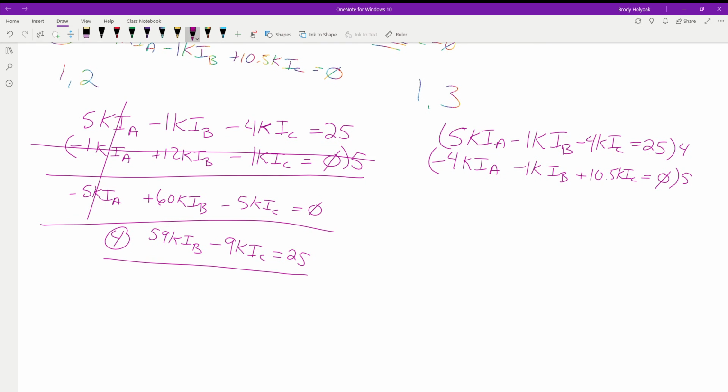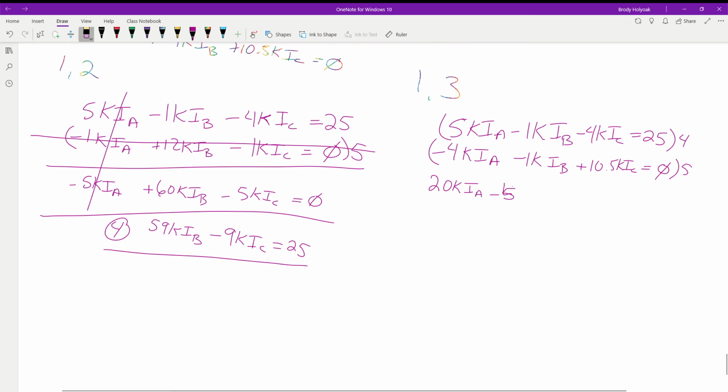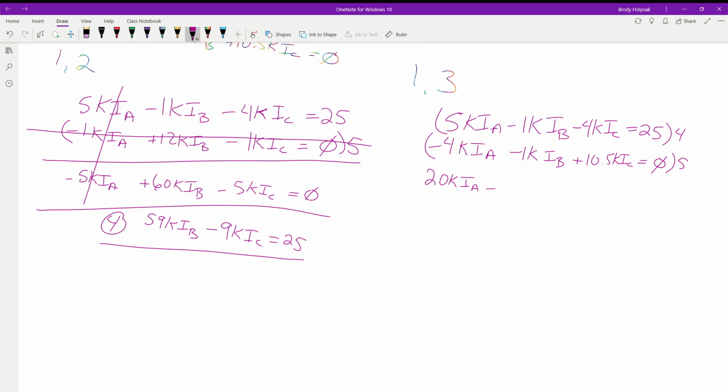So we end up with 20K IA minus 4K IB minus 16K IC is equal to 100.